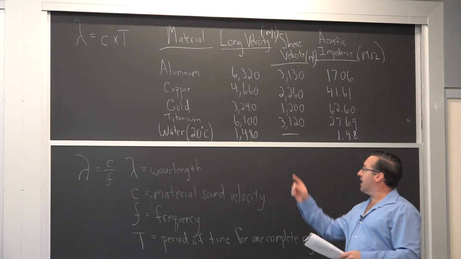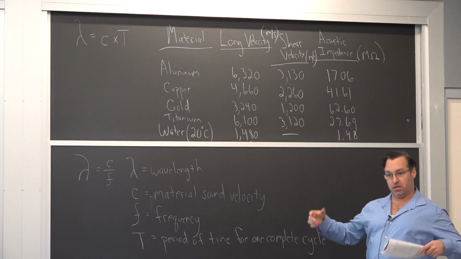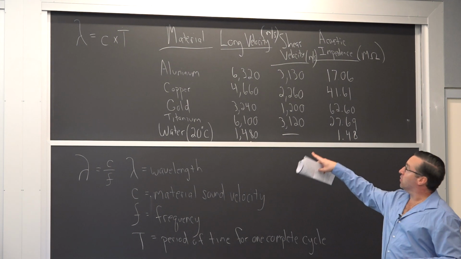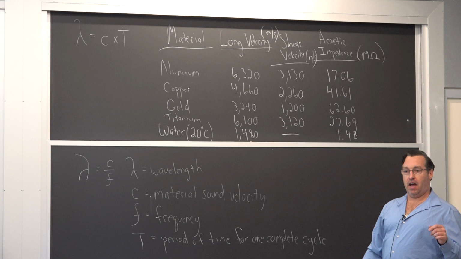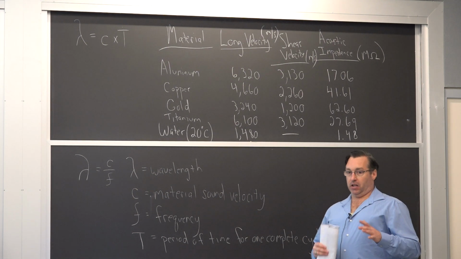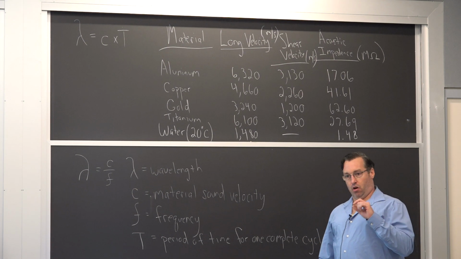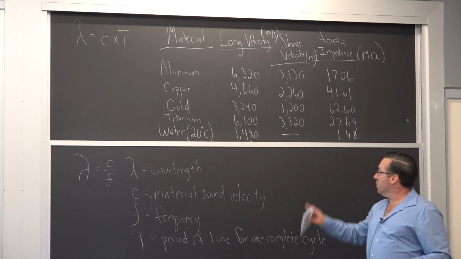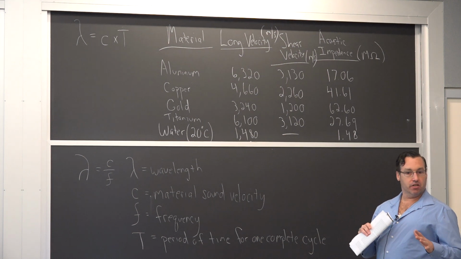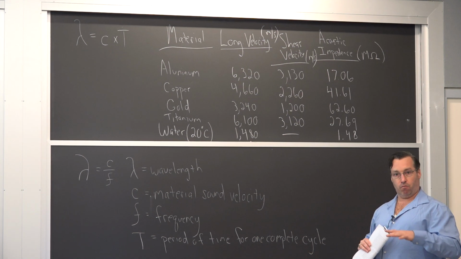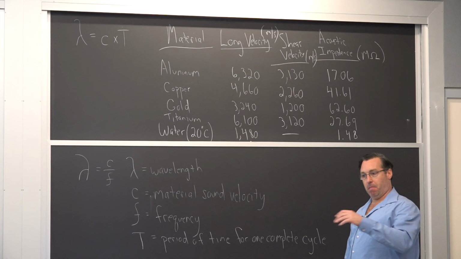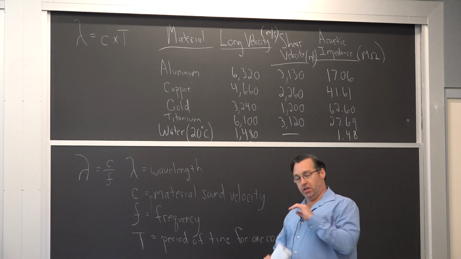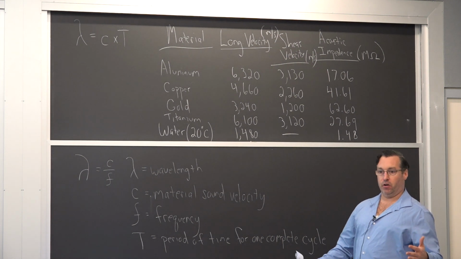If the water wasn't at 20 degrees, if it was boiling or at a higher temperature, this value will change. So if it's a critical application and you have to use a specific couplant for the inspection, you'd have to manually go in and change some of these values rather than just buying some equipment off the shelf. You would need to know the materials if it's for a critical application.